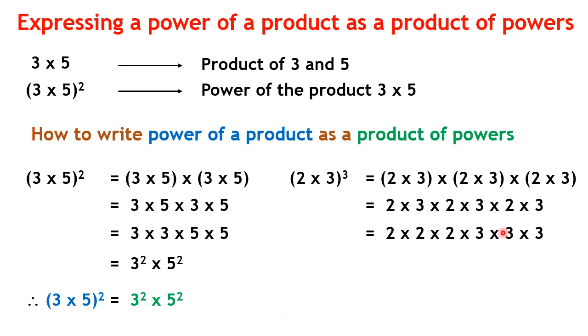Factor 2, factor 3, base 2, base 3. When you write this in index form or power form, 2 to the power 3 into 3 to the power 3. So finally, once again, product of 2 and 3 whole thing cubed is equal to 2 cubed into 3 cubed. Power of a product expressed as a product of powers.